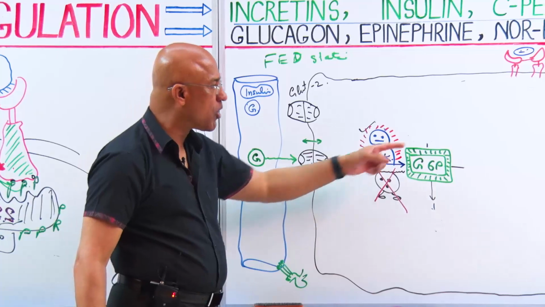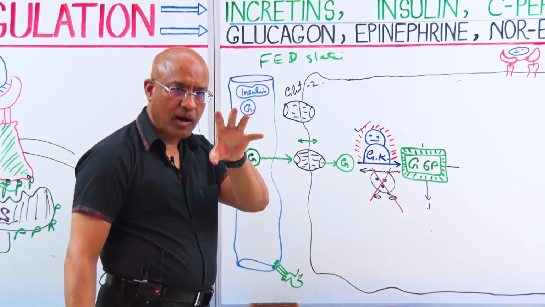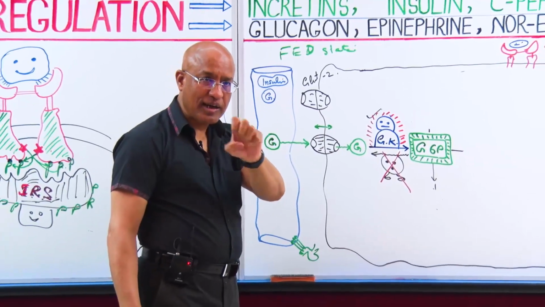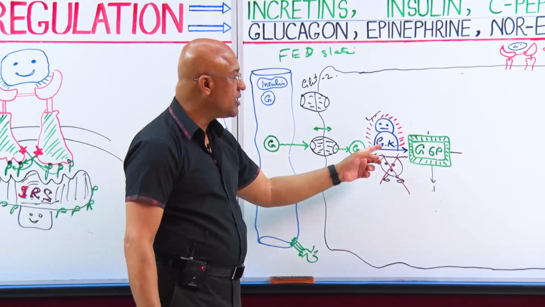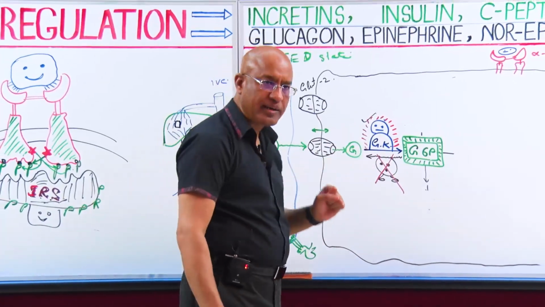Because glucose itself brought it from the nucleus, dragged it out from the claws of glucokinase regulatory protein. Secondly, insulin was able to signal the nucleus to synthesize more glucokinase.